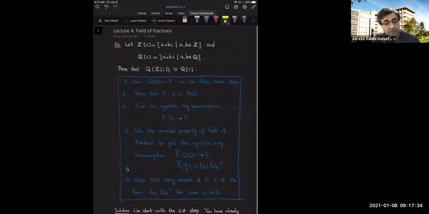Now my claim is that the field of fractions of Z bracket i is isomorphic to the ring Q bracket i.